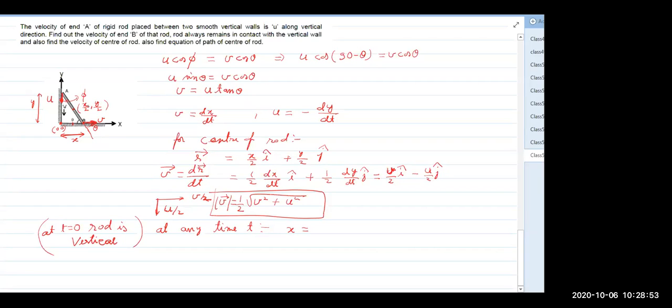Suppose we write x dash for this part, because x we have used for the distance on this part. So the capital X, for this one, is the capital X comma y. So capital X will be how much? The speed of this point is V, so at any time the distance will be Vt, and the center's x coordinate is Vt by 2.